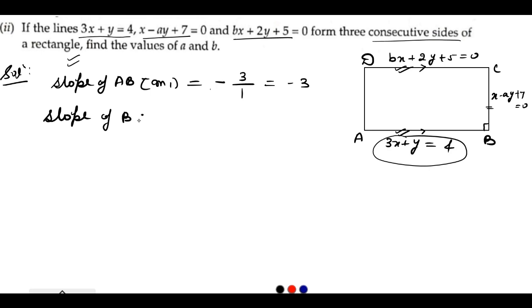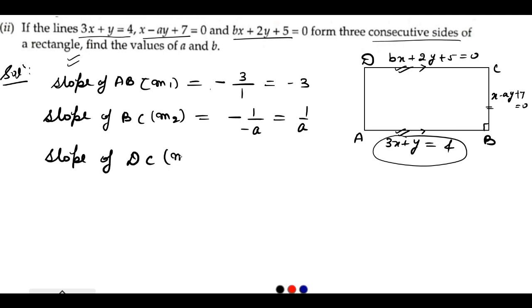Slope of BC is minus coefficient of x divided by coefficient of y, 1 upon a. And slope of DC is minus coefficient of x divided by coefficient of y, that is minus b by 2.